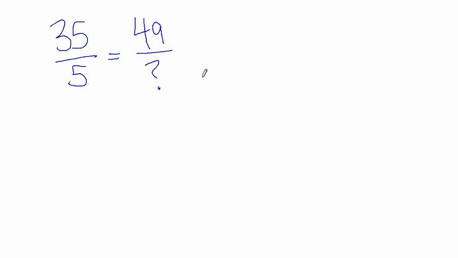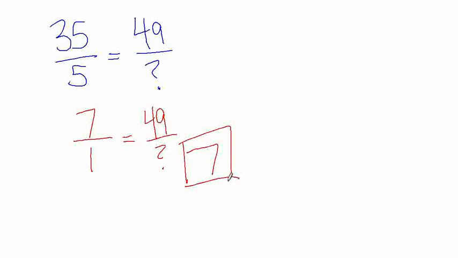For this one, what I would recommend is reducing the first fraction. So that would mean I would have 7 over 1 is equal to 49 over mystery number. So 7 times 7 gives me 49. 1 times 7 is 7, so the mystery number is 7.